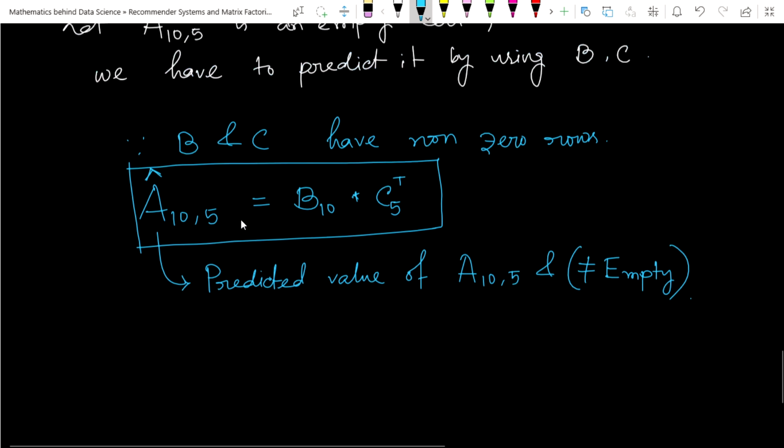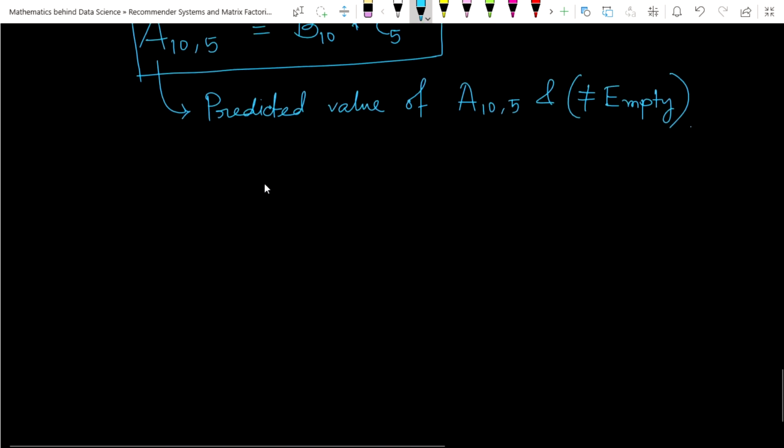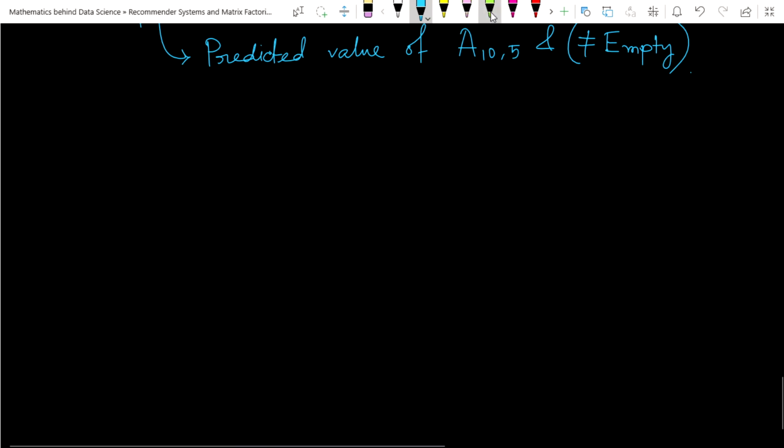So the third step is the most important step. Let's recap the third step again to clarify the idea. At first, this is the A matrix, the recommender matrix that we have collected from the user.